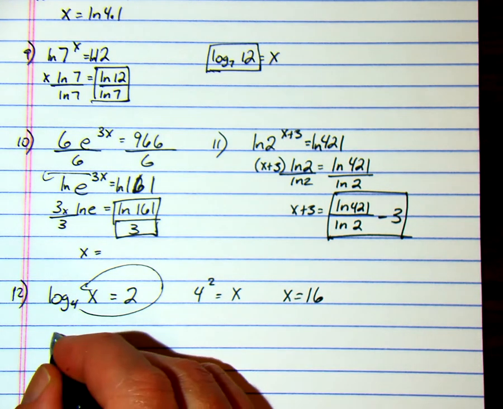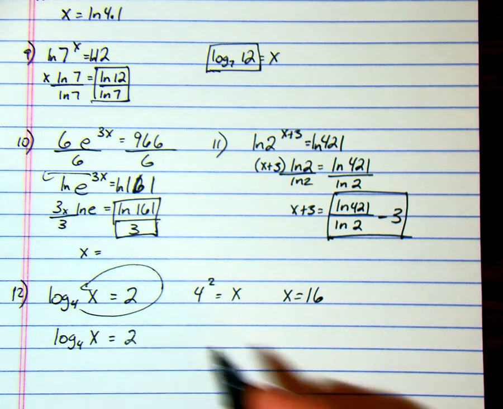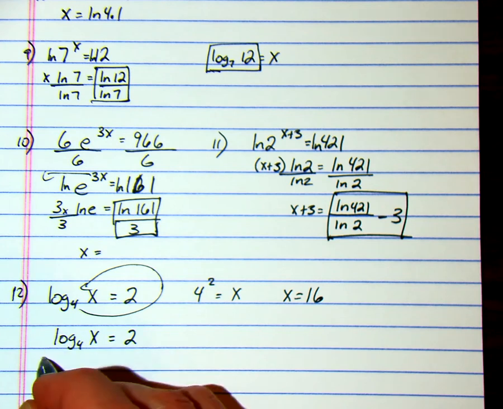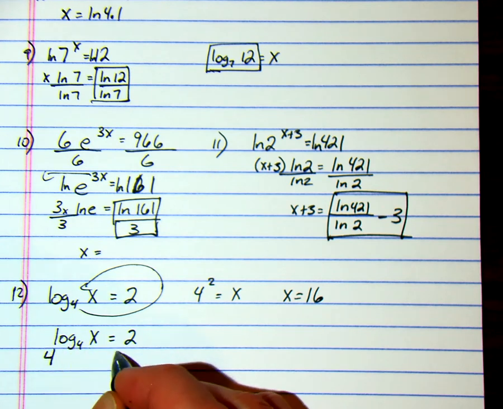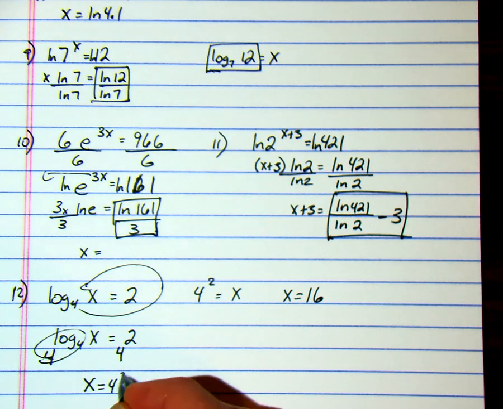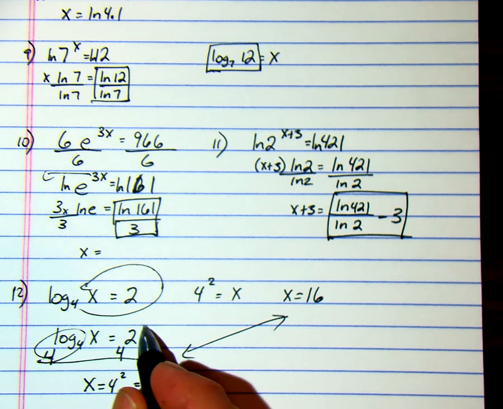The other way to look at this problem is in the form of inverse equations. Since it has a base of 4, I'm going to take each side to be a power of 4. Those are inverses of each other, so this becomes x equals 4 squared, which is 16. We get to the same answer either way. If I refer to exponentiating each side, here is exponentiating each side.